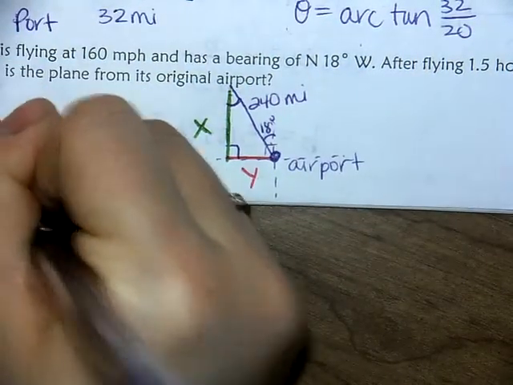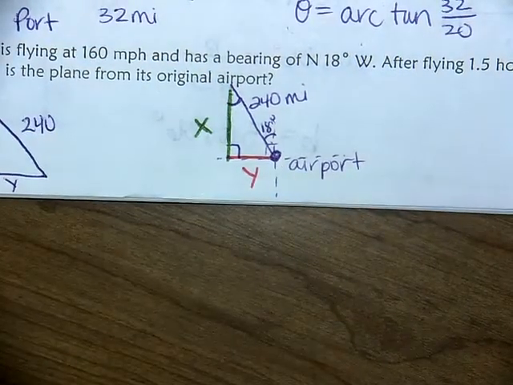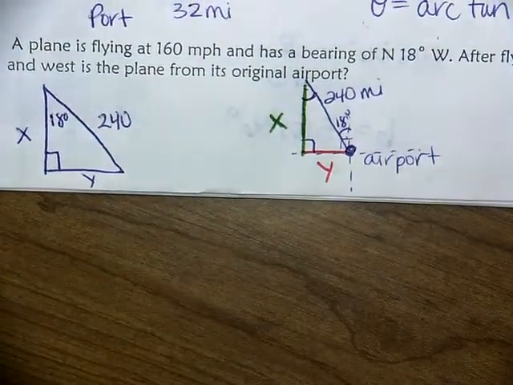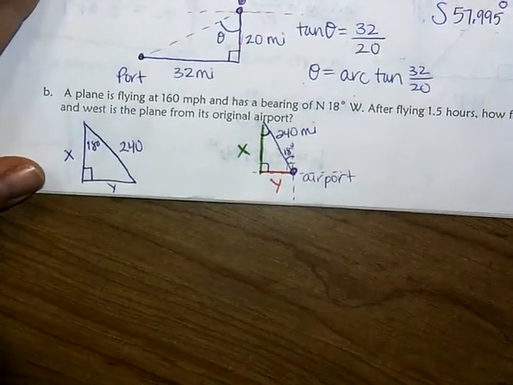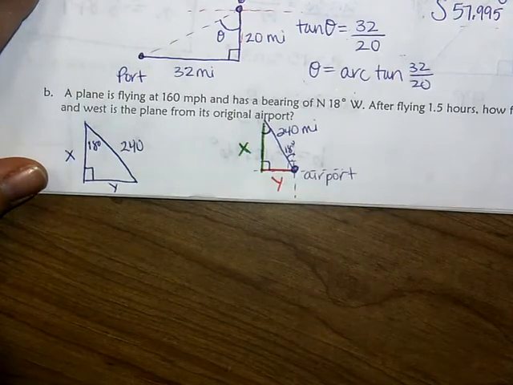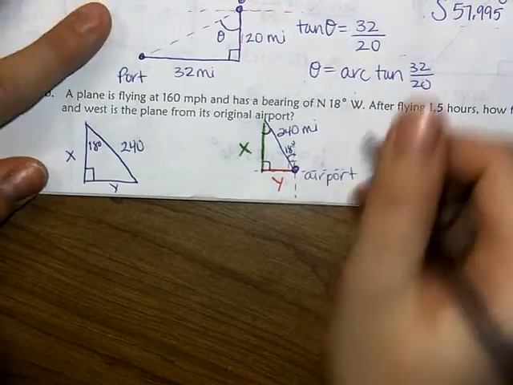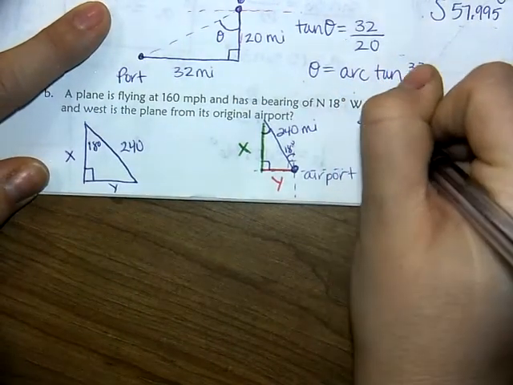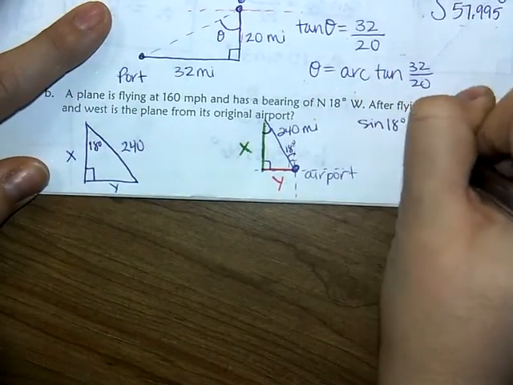So this is 18 degrees. I need X and Y, and this is 240. Okay? Whoa, you can't see it. There we go. So now I just have to find X and Y. All right, well, to do that, can I just use sine and cosine? So the sine of 18 degrees equals Y over 240.